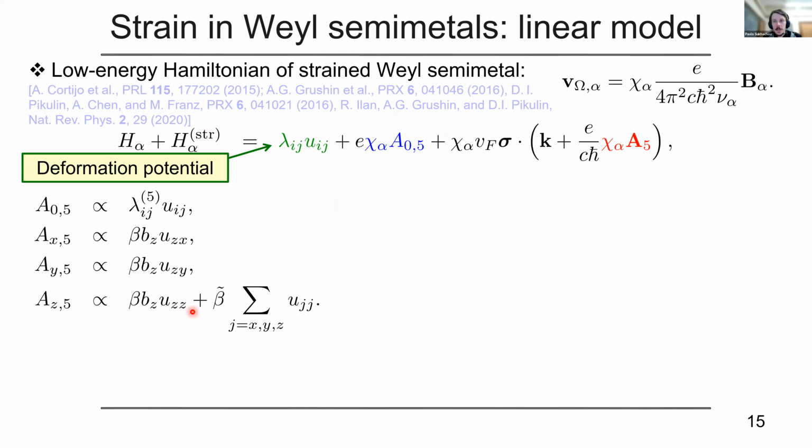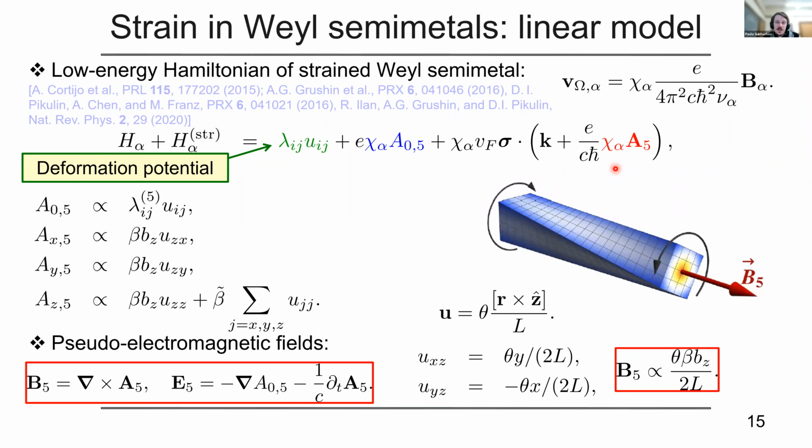The main benefit of such a field is that it resembles a conventional electromagnetic field. However, it couples to Weyl fermions of opposite chiralities with an opposite sign. So instead of electric charge, it feels the chirality of our nodes.